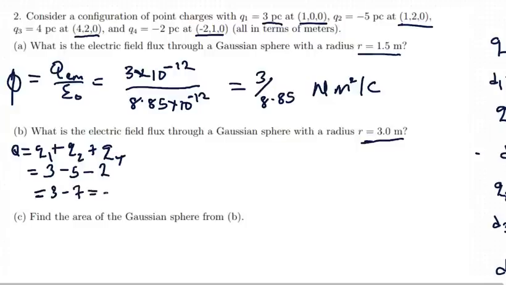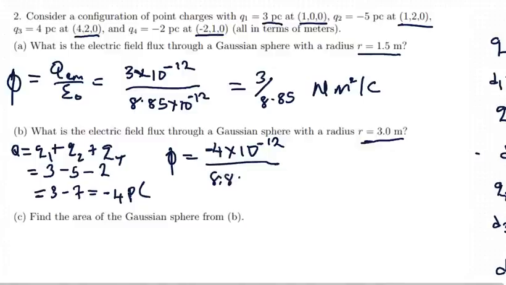That should be minus 4 picocoulomb. Since we found the total charge, the flux will be equal to Q over epsilon naught, that is minus 4 times 10 to the power negative 12, divided by 8.85 times 10 to the power minus 12, and the total flux would be minus 4 divided by 8.85 Newton meter squared per coulomb.